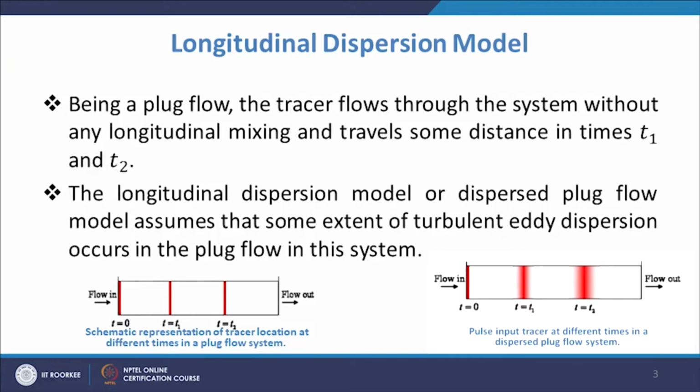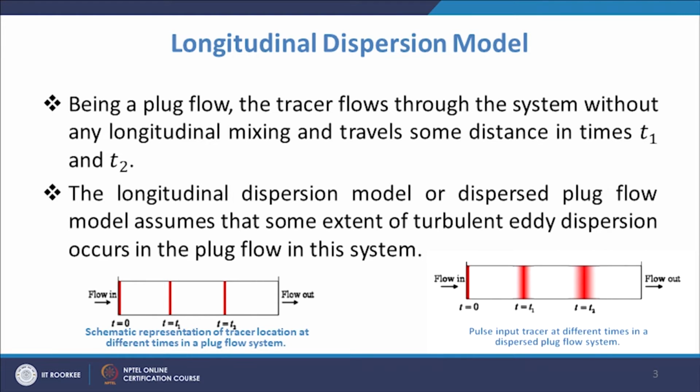The tracer coming at the inlet will appear at the outlet after some time with no longitudinal mixing. Whereas in the longitudinal dispersion model, the tracer will flow through the system with certain longitudinal mixing.